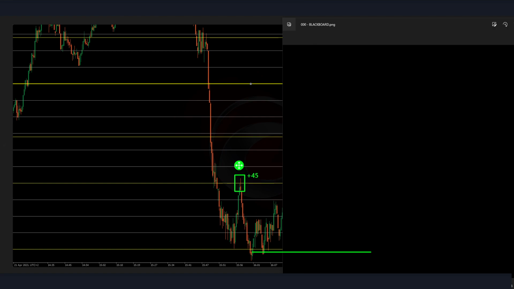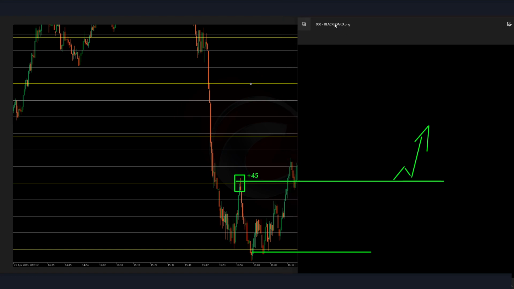Of course, if we then see breaking above this level, we might take a continuation buy. Yes, that was it. As easy as it can get, absolutely.